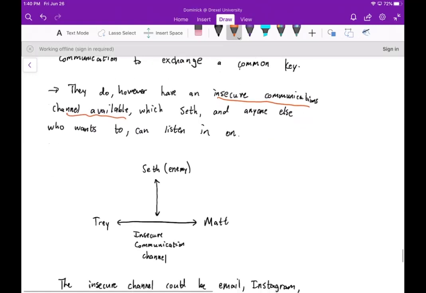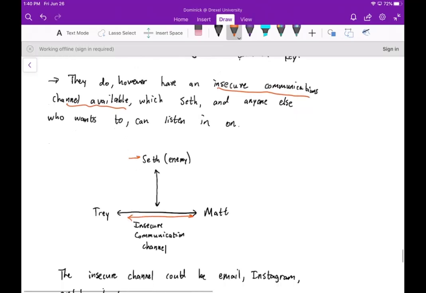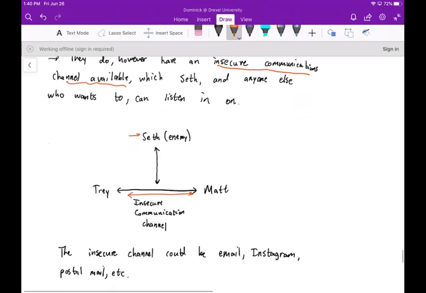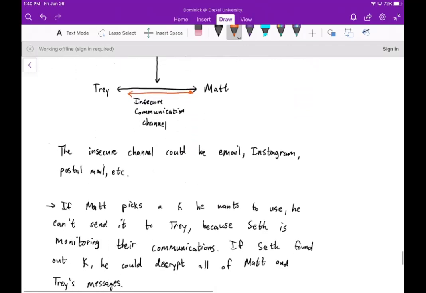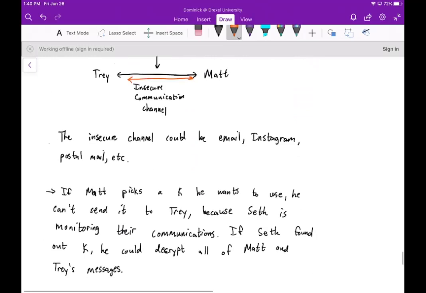So Seth is sort of the enemy in this idea, and Matt and Trey are going to communicate on this insecure communication channel, which Seth could potentially view if he wanted to. And like I said, the insecure channel could be something like email or Instagram or postal mail, something that is in some way breachable in terms of its security.